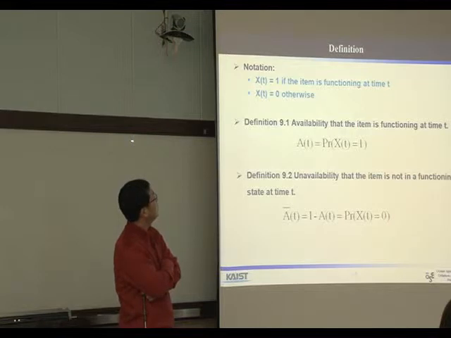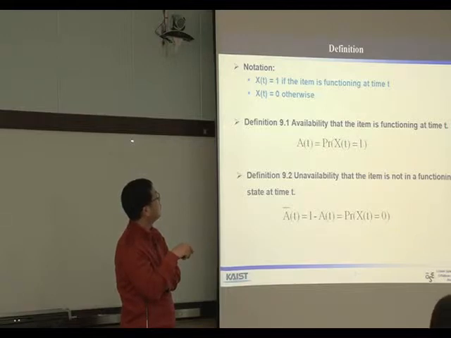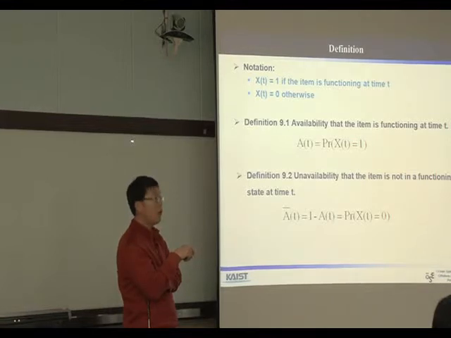The definition of availability is that availability is the probability that the item is functioning at time t. So it's the mathematical expression. x(t) equal to 1 means the item is operating, and Pr means the probability.